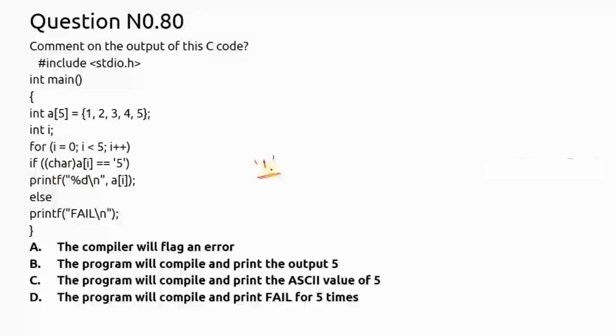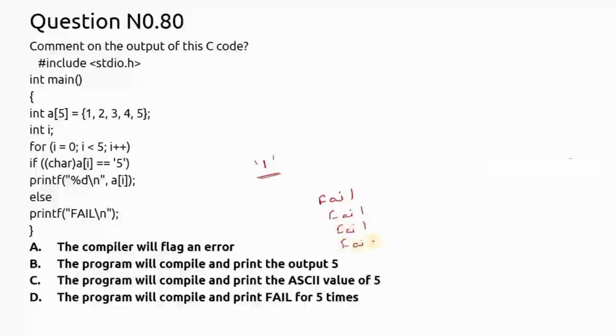The respective ASCII character for that value 1 is not equal to single quote 5. So that's why it will go to else and print fail. For I equals 1 also like that only, again it prints fail. For I equals 2, that is value 3, so again it will go like that only.